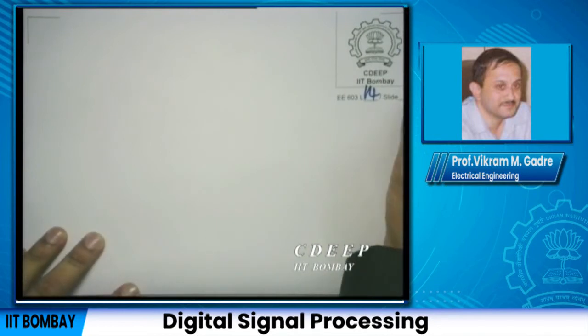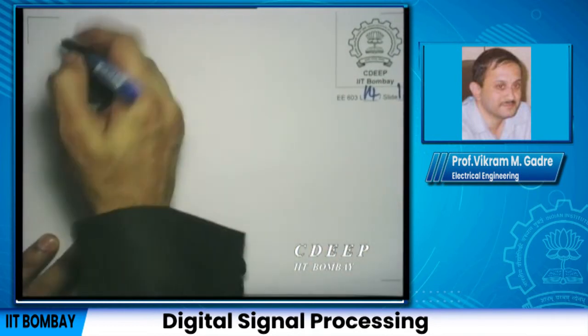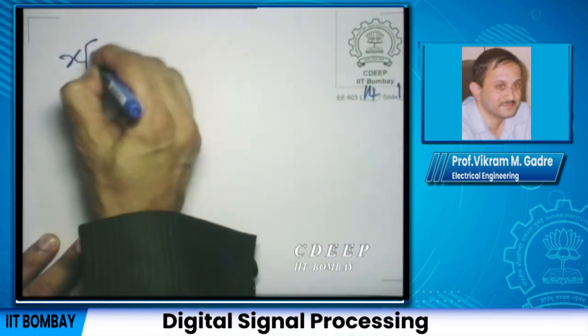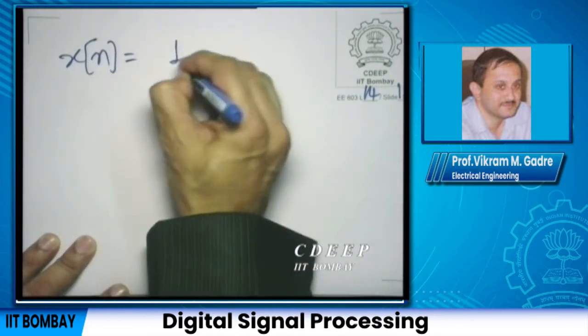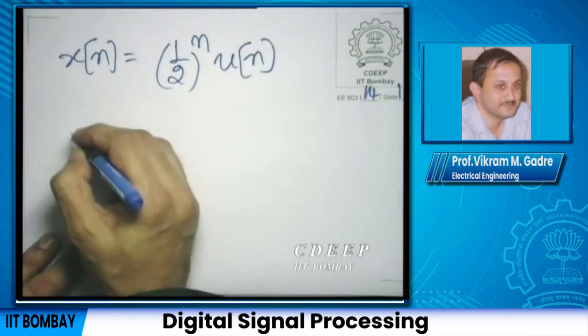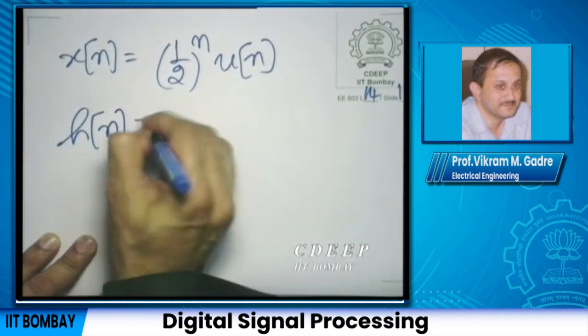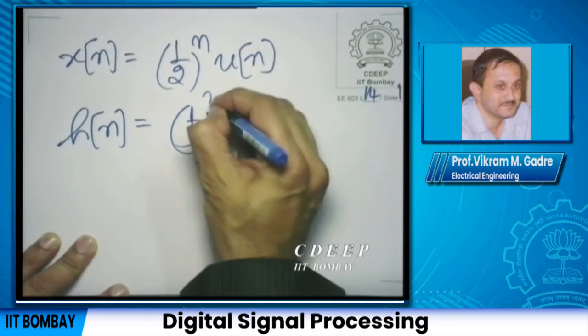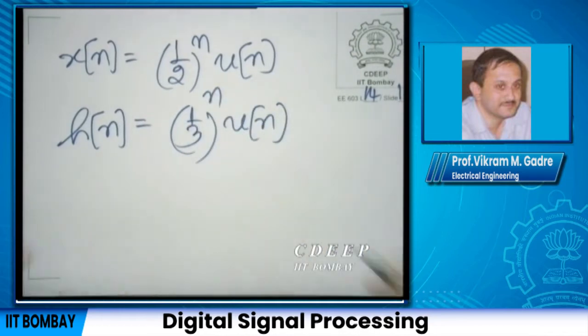So, for example, suppose we take x n equal to half raised to the power of n u n, and h n equal to 1/3 raised to the power of n u n, we can easily obtain their z transforms.